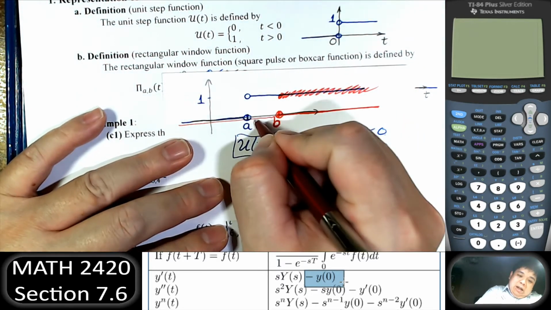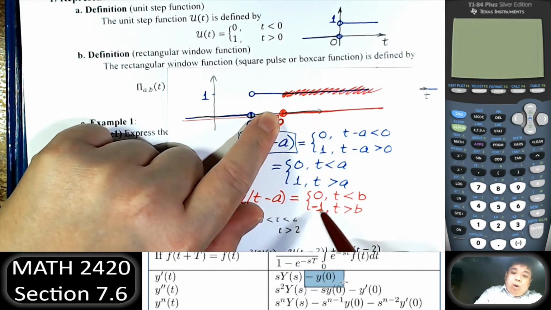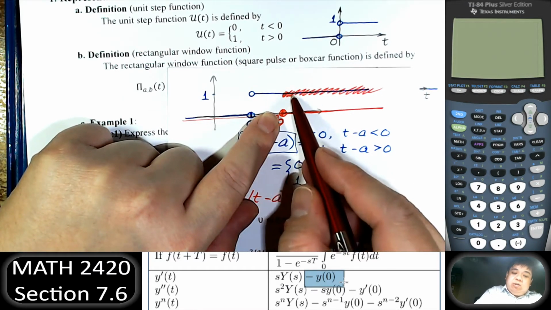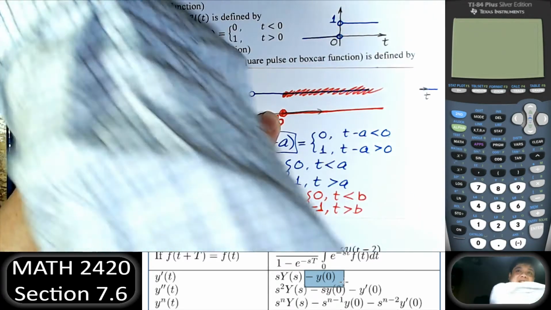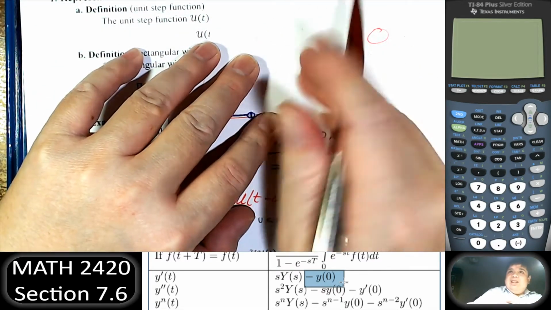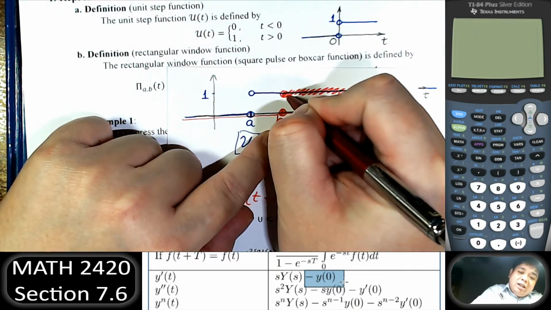So if it's on the left of B, it's nothing. But on the right of B, we add the minus 1 to the function, and the 1 here with the minus 1 cancel out. So that is like we erase that, and then we start a new function.